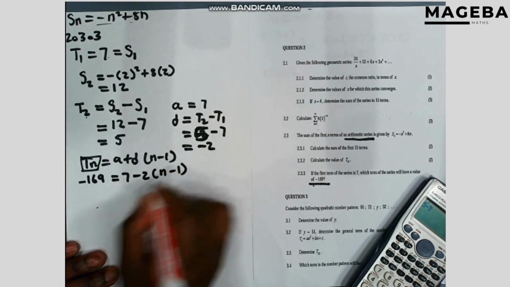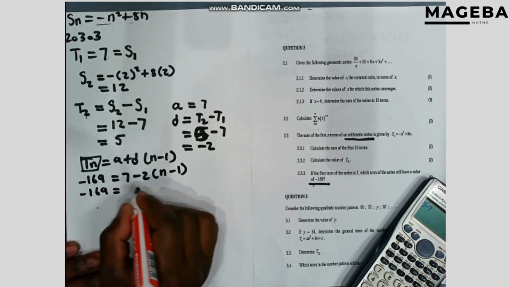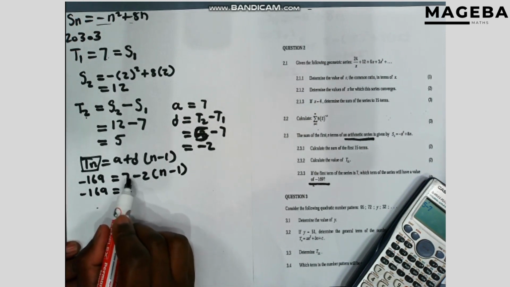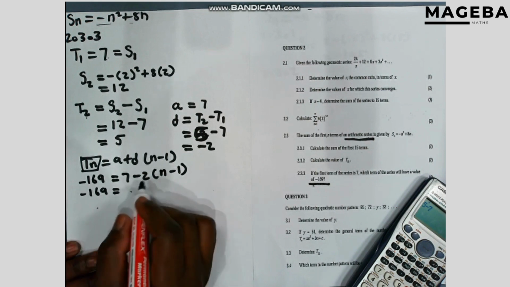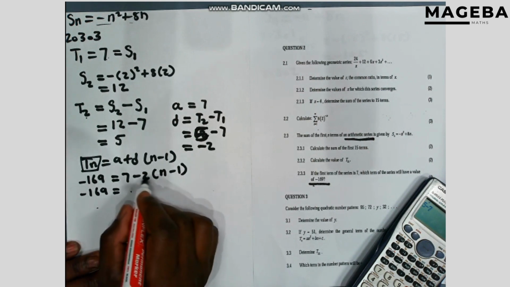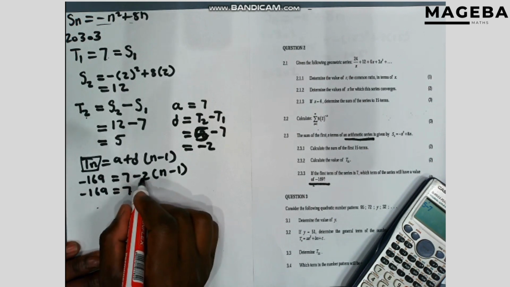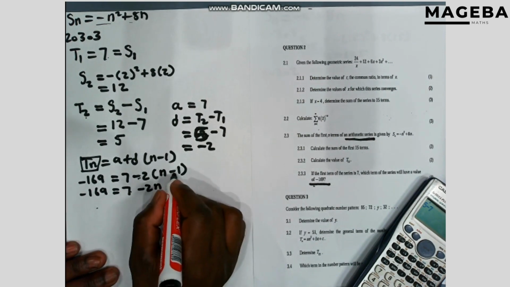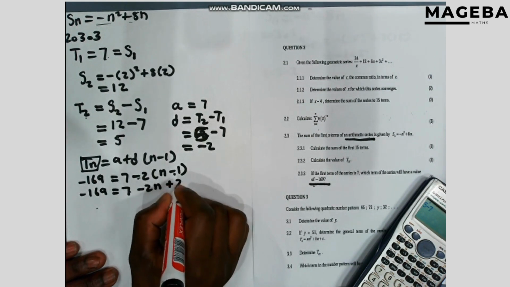Remember guys, we are not going to say 7 minus 2 here. Please don't make that mistake. We first need to multiply these two with this bracket, open this bracket by these two, so it's going to be 7. This times this is negative 2n, then negative 2 times negative 1 is positive, so it's going to be positive 2.